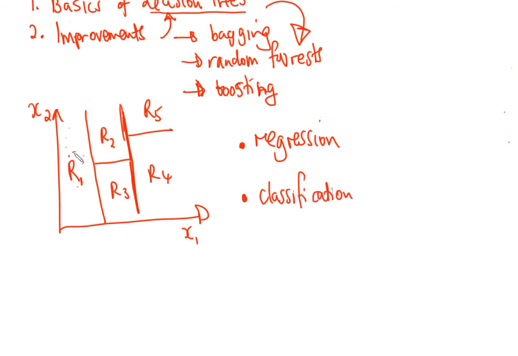If an observation falls in any region, and we are doing a regression tree, we'll see this later, I'm just giving the highlights right now. If an observation falls in R1, region number 1, we're going to use the mean of all observations in that region to come up with a prediction.